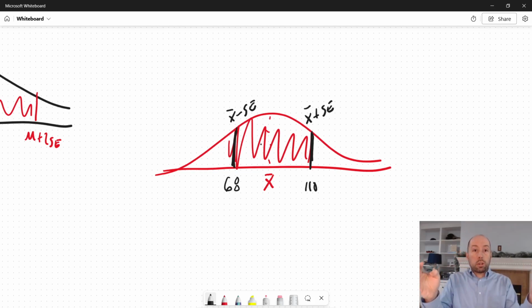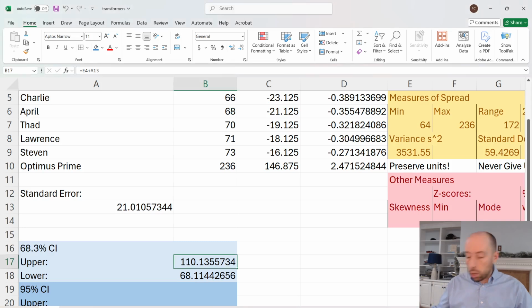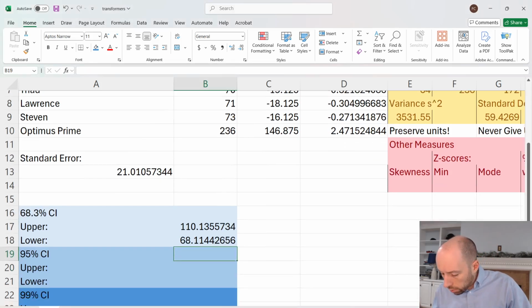Let's make it wider. Let's stretch that out to 95% of the data. 95% of the data should be within, say, 1.96 standard errors above or below, which will look something like that. I remember the 1.96 number because I use it a lot. I'll go back to here. 95% confidence interval.